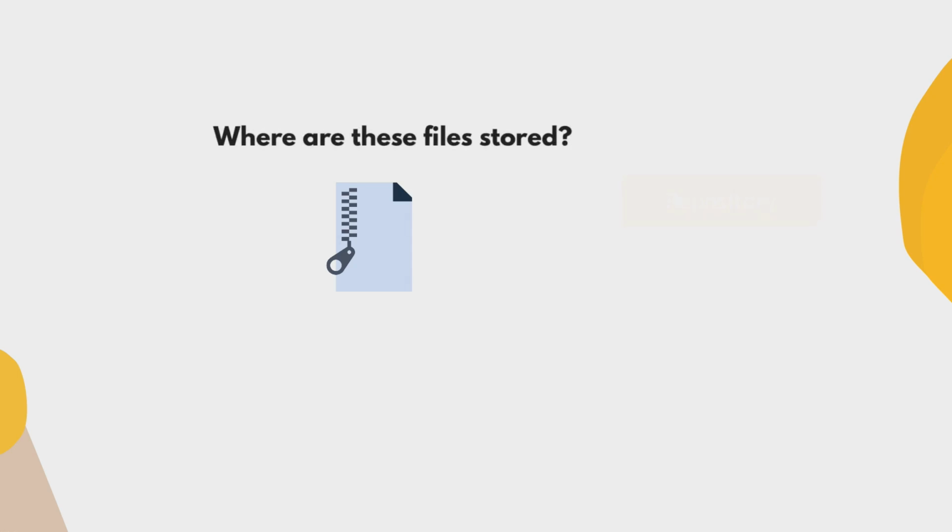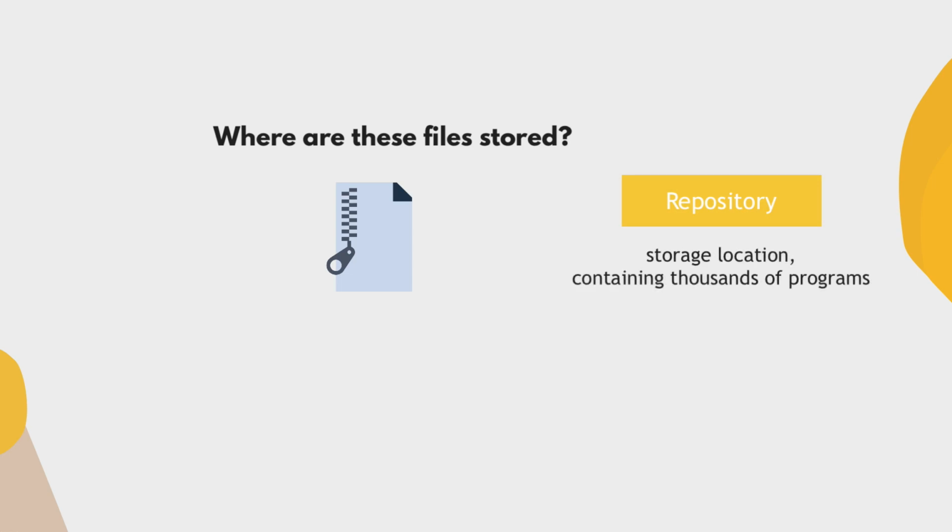Linux uses repositories, which are like warehouses of hundreds or thousands of software packages. So each distribution, like Ubuntu, for example, will have repositories that have most of the software that you'll need. And that's where the package manager gets these software packages from.